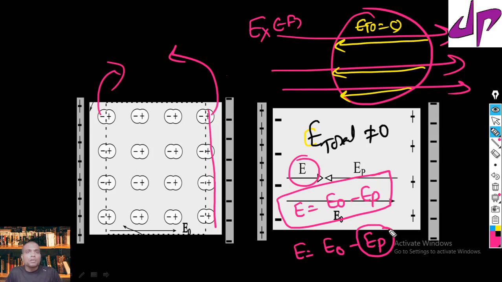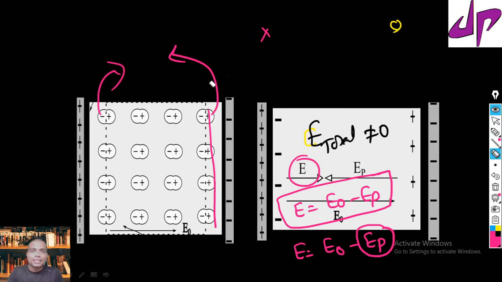This peculiarity only happens to insulators. For conductors, the result becomes 0. That's why we use dielectrics to increase the strength of the electric field. That is the main advantage of using dielectrics in an external electric field.